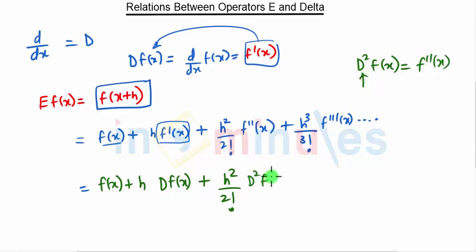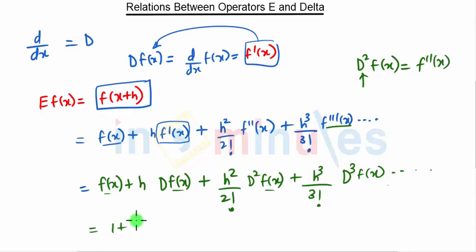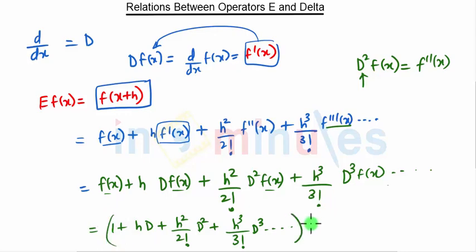So D square f of x plus h cube upon 3 factorial. Third derivative will be D cube f of x, and so on. From this equation we will take f of x common. So we will get 1 plus hD plus h square upon 2 factorial into D square plus h cube upon 3 factorial into D cube, and so on. And outside we have f of x.